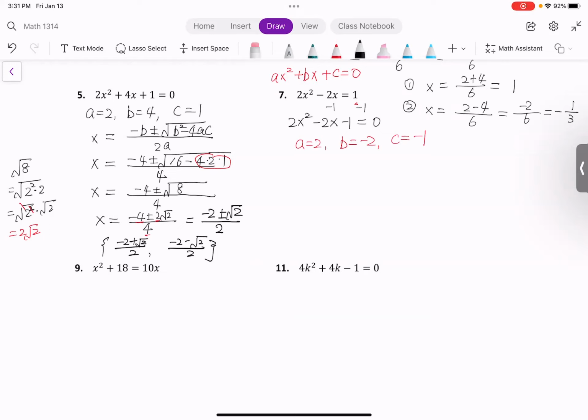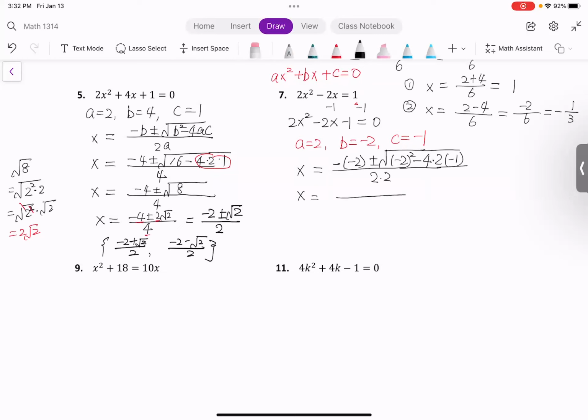In the quadratic formula, x equals the top, negative b, so negative negative 2, plus or minus the square root of b squared, that's negative 2 squared, minus 4ac, 4 times 2 times negative 1, divided by 2a, 2 times 2.